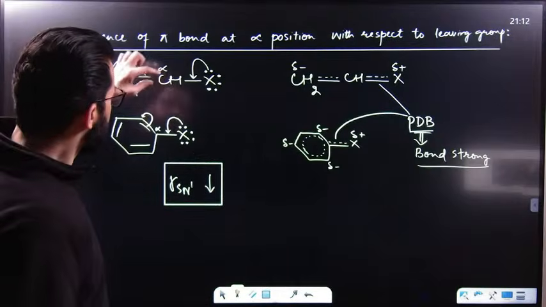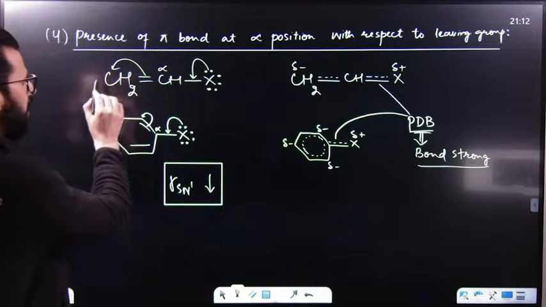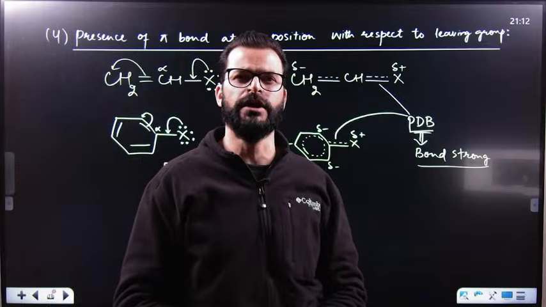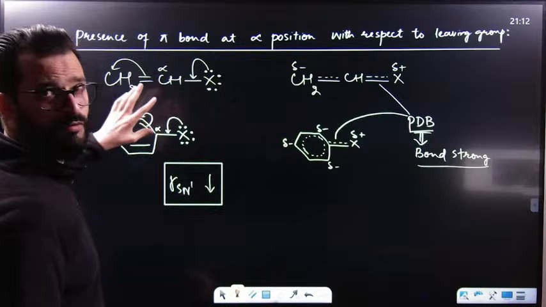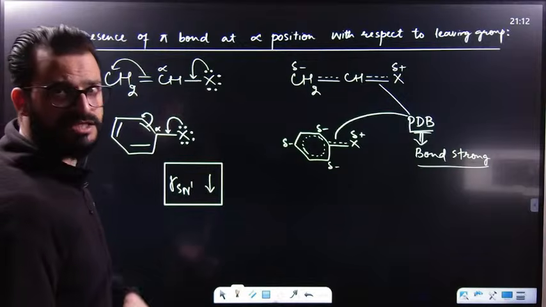When? If pi bond is present at alpha position with respect to leaving group. So can I say vinyl halide and aryl halides are not good substrates for SN1, or they will not show SN1 reaction at all because they cannot break their CX bond.